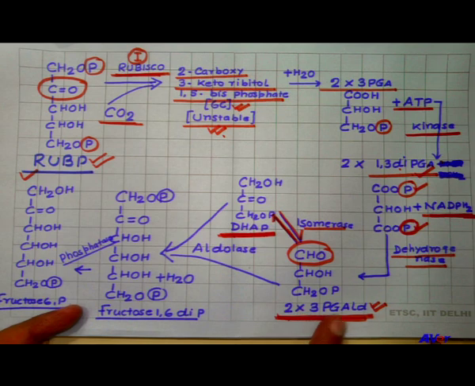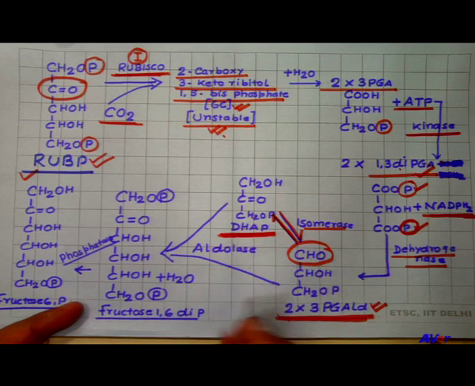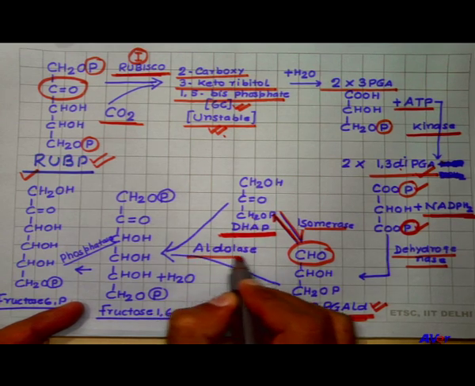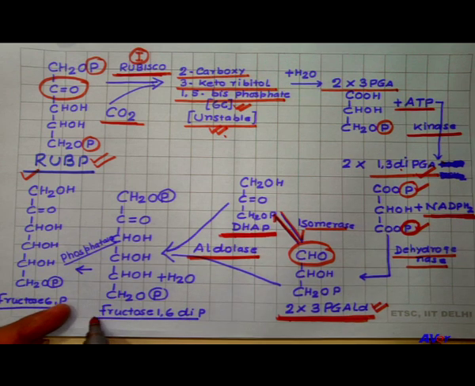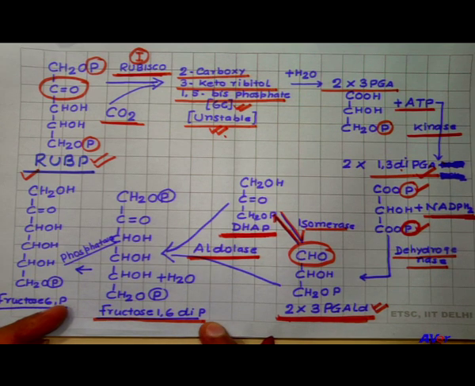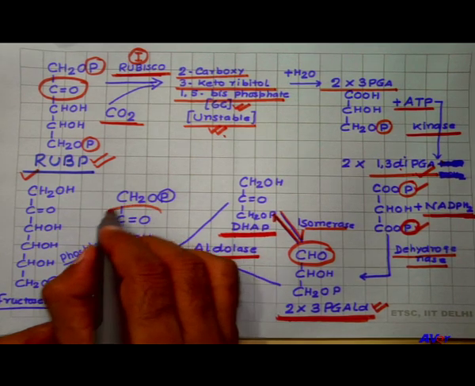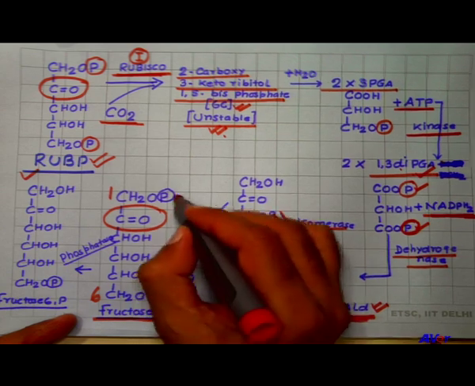This 3-phosphoglyceraldehyde and the dihydroxyacetone phosphate combine with the help of the enzyme aldolase and are converted into fructose 1,6-diphosphate, as fructose is a hexose and it has a ketone group, and at the 1st carbon and the 6th carbon there is a phosphate group.